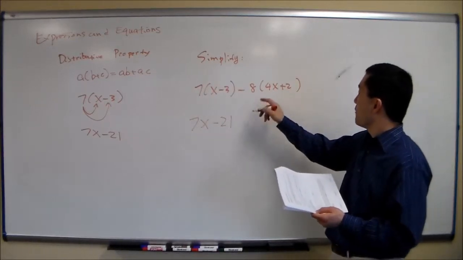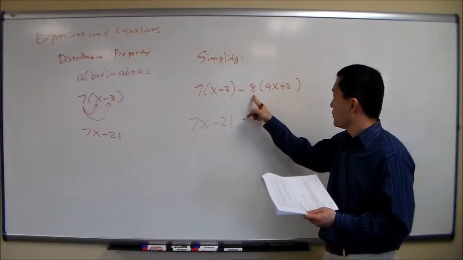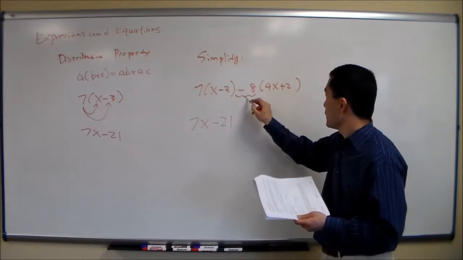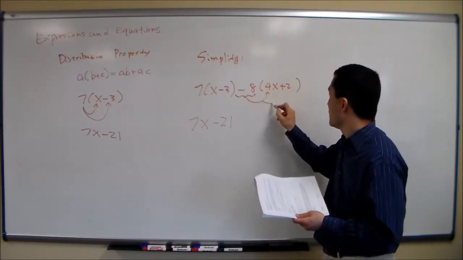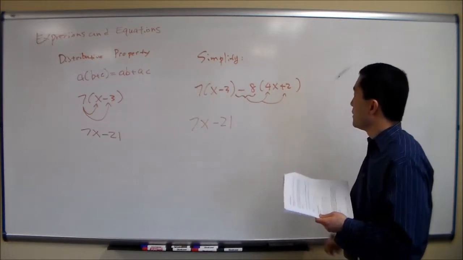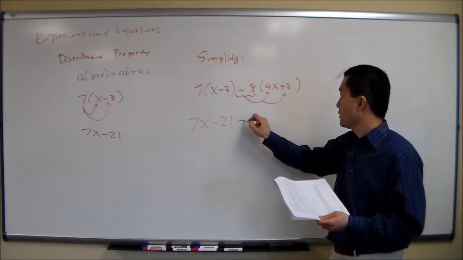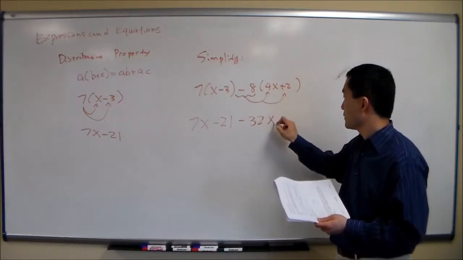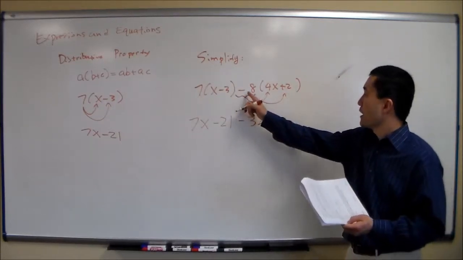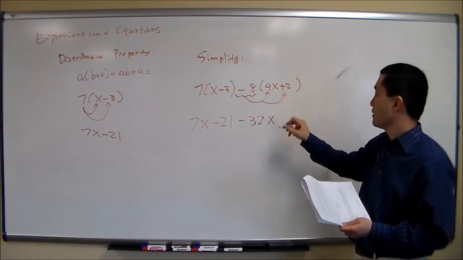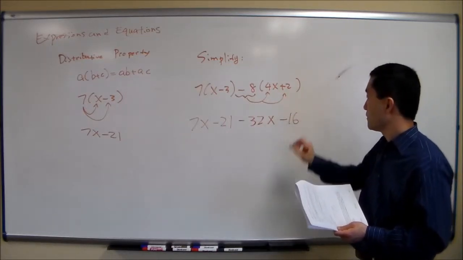So what happens here? Well, it's not just the 8 that gets distributed. It's negative 8, this whole thing. It's distributed to the 4x and then the 2. So negative 8 times 4x is negative 32x. And then negative 8 times 2, so that's positive and negative, so that's going to be negative 16.